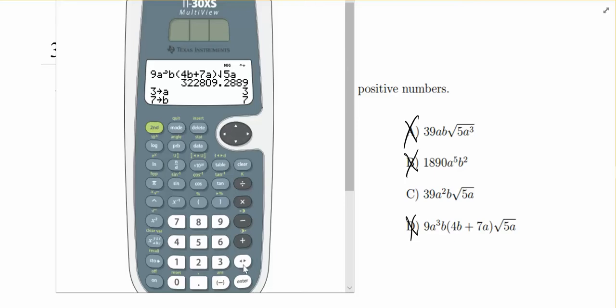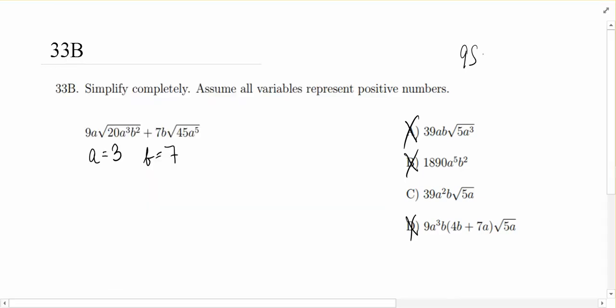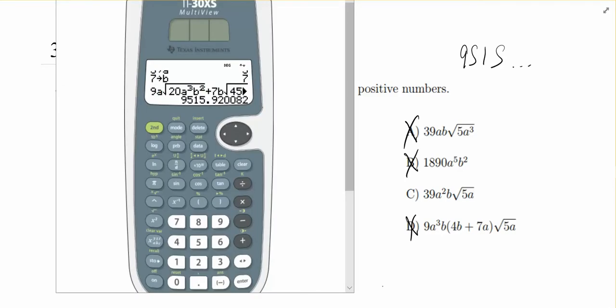And now all I'm going to do is type the original problem. Now, in the interest of time, I've actually already typed out the original problem. So I'm just going to hit enter on it again, and I get this number 9515. I'm going to jot this down over here. 9515 followed by some decimals. So now if I do the same thing for option A, which again I did pre-type just to save time in the video.